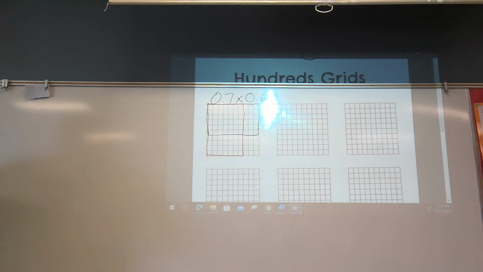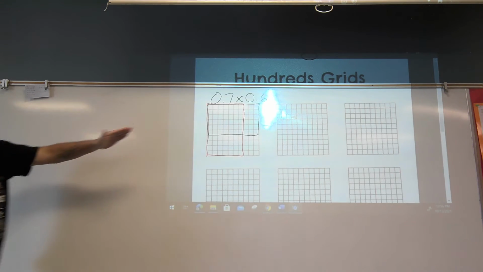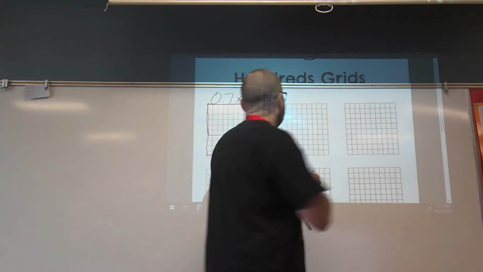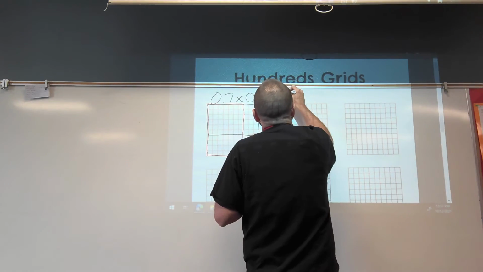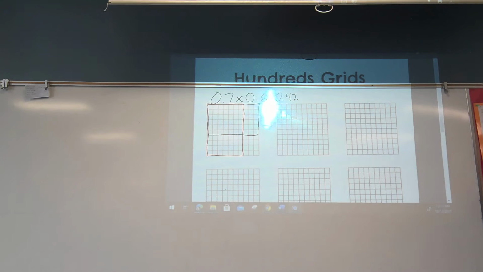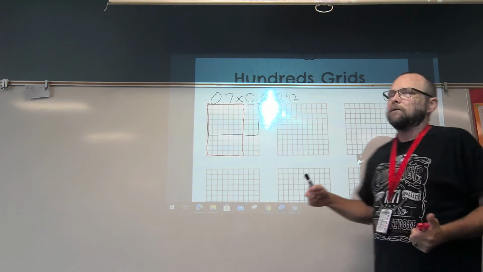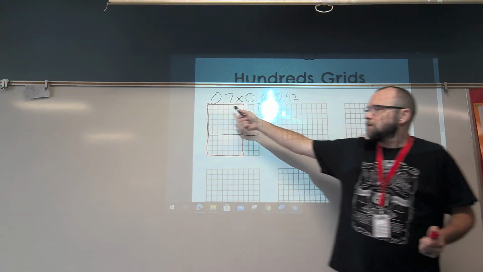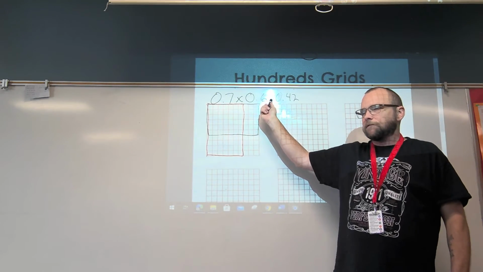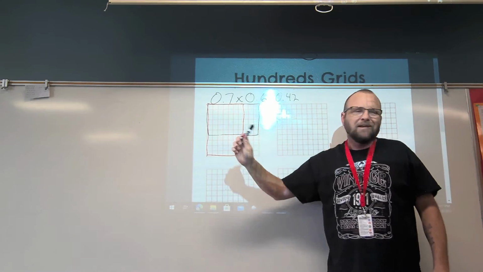And then your answer is how many hundredths are shaded in. In this case, there are 42 hundredths shaded in, and we would do that just by counting them. Always, the factors are tenths, and the product is hundredths when they're doing it like this.